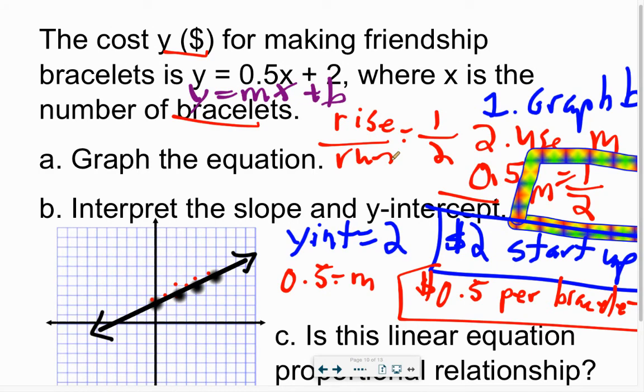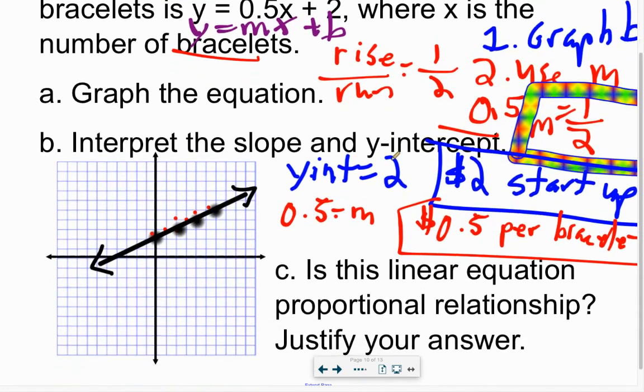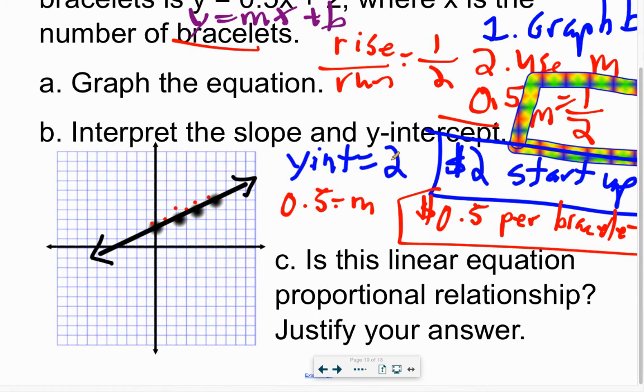Just like we talked about change in y over the change in x. The y is dollars per bracelet. So that can help you with your interpreting. We'll just go back and figure out our labels. Y over x, dollars over bracelets. So that means it's 50 cents or half a dollar or $0.5 per bracelet.